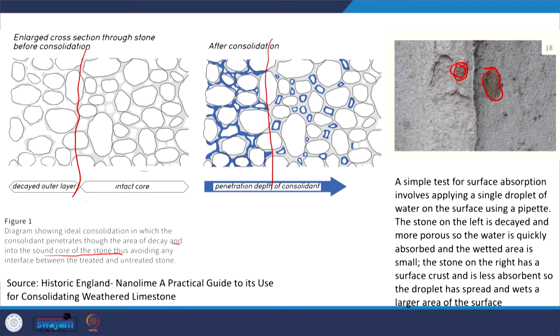Whereas on the right, it has a surface crust and is less absorbent, so the droplet has spread and wets a larger area of the surface. These are the different types of tests one can consider in evaluating what kind of stone it is, what its properties are, and what its present status is.